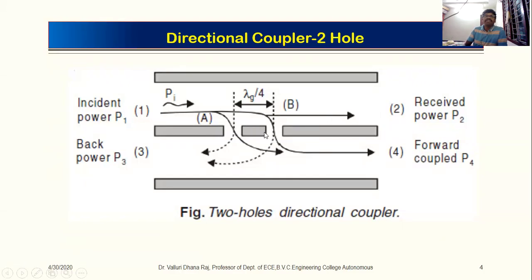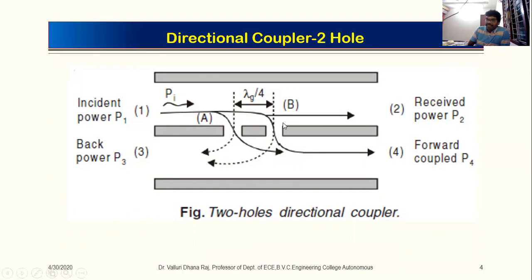Because of the discontinuities, part of the wave will be impeded through and enter into the secondary waveguide. The wave will travel in the forward direction and reach port 4, which is the forward port. Even with the discontinuity and the energy coupled out, the remaining power will reach port 2, which is the received port.